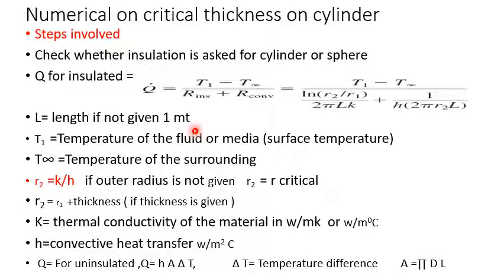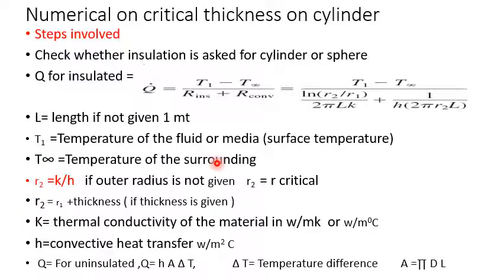And assuming the length to be 1 meter, that has to be mentioned in your answer script. So T1 is the temperature of the fluid which is flowing inside the cylinder or a pipe. The fluid may be water, oil or steam. So accordingly, that is to be mentioned for the temperature T1.